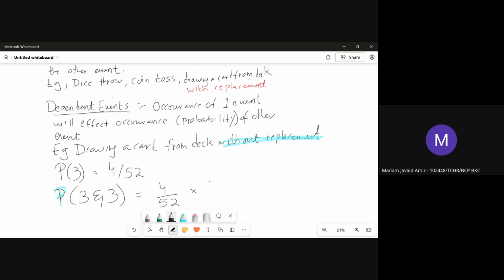That will become 3/51. Hence this is the case of dependent events. पहली दफा 3 आ गया तो उसने अगले 3 के आने की probability को effect कर दिया. अब कम chances हैं 3 आने के क्योंकि पहले 4 3s थे deck में, लेकिन जब एक 3 निकल गया तो 3 3s रह गए. So probability कम हो गई.